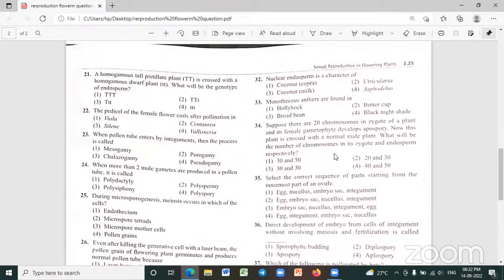Which is the correct one? See here, this plant is crossed with a normal male. So the second one is the correct one. 20 comes, then 30 is the correct one. You have to calculate in mathematical aspects, then only you will get the answer.